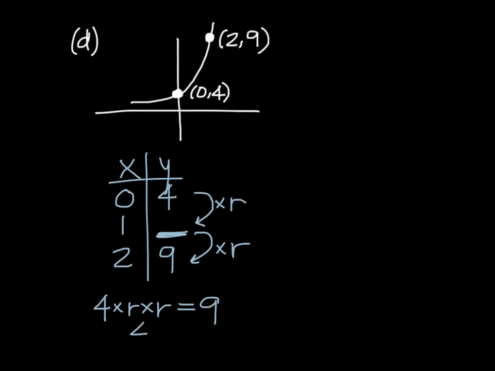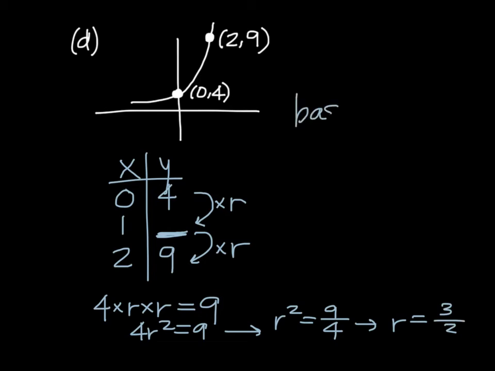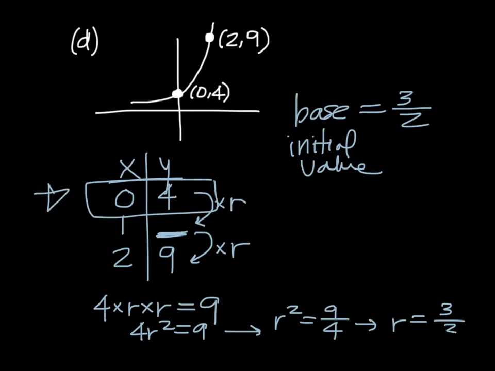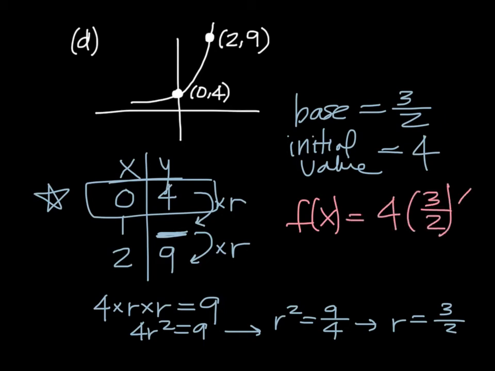So right here we have 4r squared equals 9, r squared equals 9/4, and so r is 3/2. So that's our base. The base is 3/2. And then the initial value, once again we look at the line in the table where x is 0. So that's our initial value, 4. So that's it. Our function is f of x equals 4 times 3/2 to the x power.